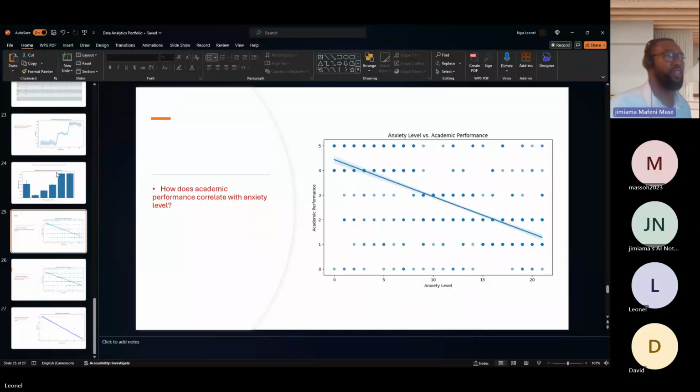So you have seen that there is no correlation between academic performance and anxiety level, as the data is spread throughout the plot. There is no upward trend of data or downward trend of data. So you do that for the other one. It's still an answer to your business question, because your business question wanted to find if there's a relationship, and you have found that there is no relationship.